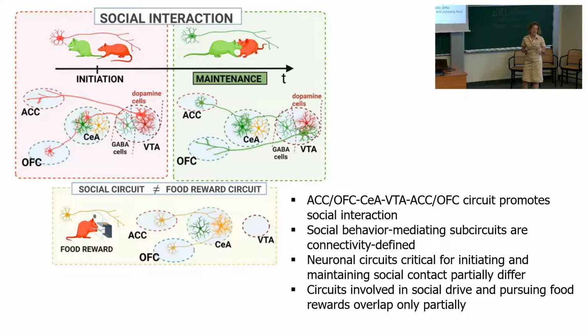It is interesting because when we think about the problems with social interactions, like the ones we observe, for example, in autism, quite often autistic patients have problems with social interaction, but not with food rewards. So you would like to manipulate some specific circuits to increase social drive, social motivation, but not the ones that affect food, because we don't want to increase food motivation if it's at a normal physiological level.